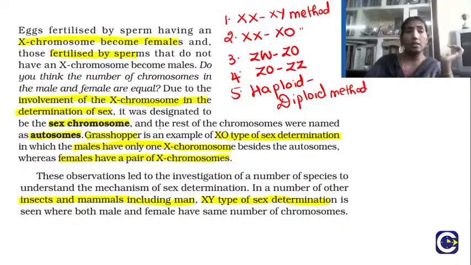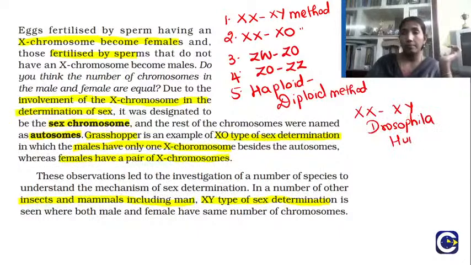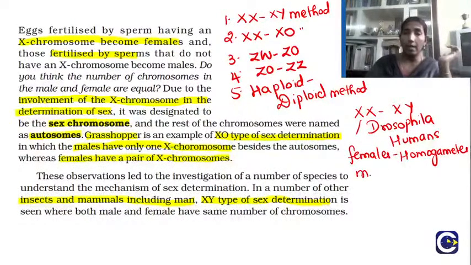First, the XX-XY method is quite common in Drosophila and humans. Here, when you look carefully, the females are homogametic, that is, they have paired, similar gametes, XX. In males, they are heterogametic.